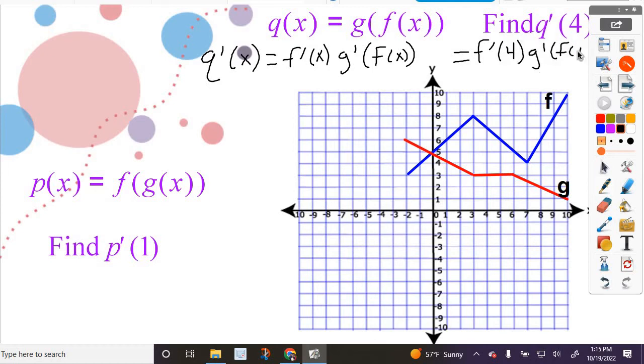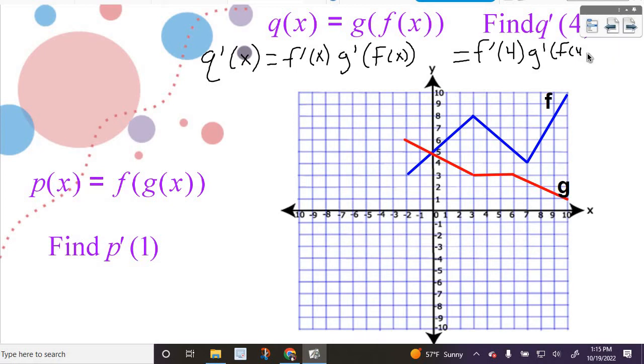And this is where our graph comes into play. I'm going to use my graphs to find that information. So when I'm looking at f prime of 4, what am I looking for? The slope of the tangent line when x is 4, because it's f prime of 4.